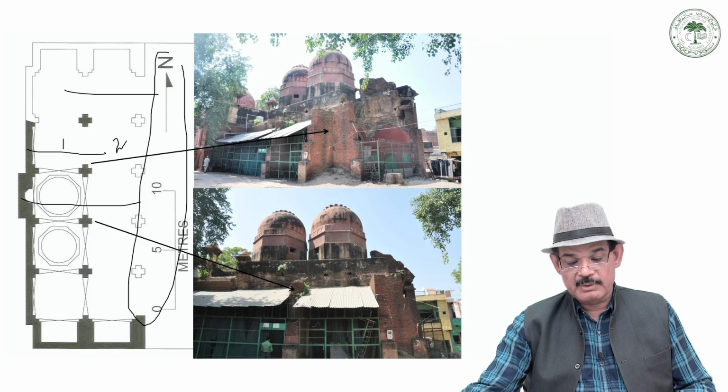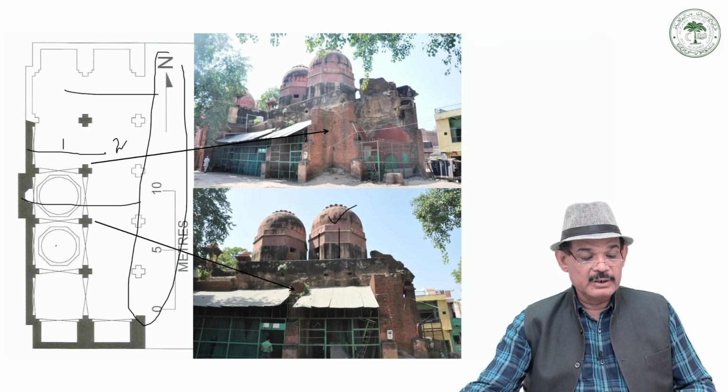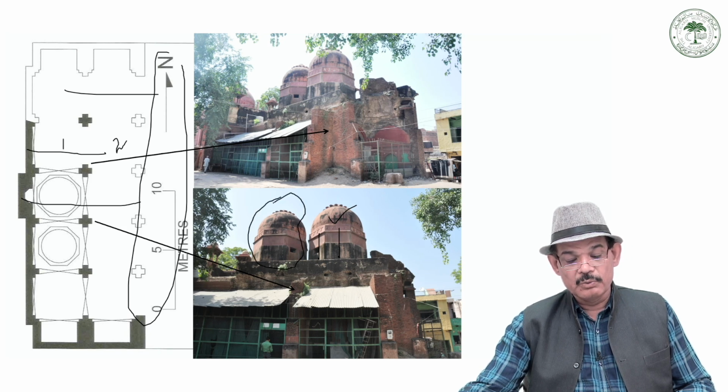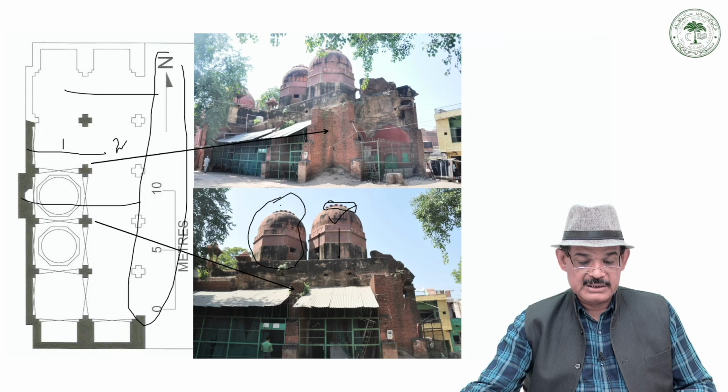The central nave is surmounted by a dome placed on a high-rise octagonal drum, and the flanking bays are also surmounted by domes, and these domes are very prominent, with prominent inverted lotus petals.